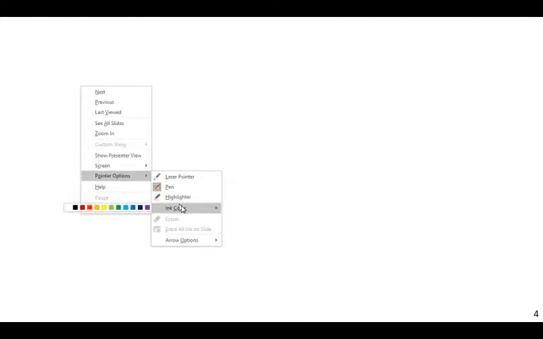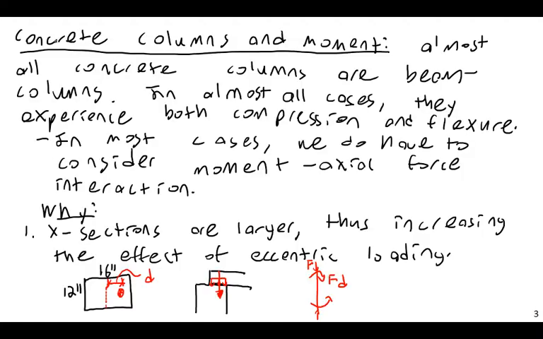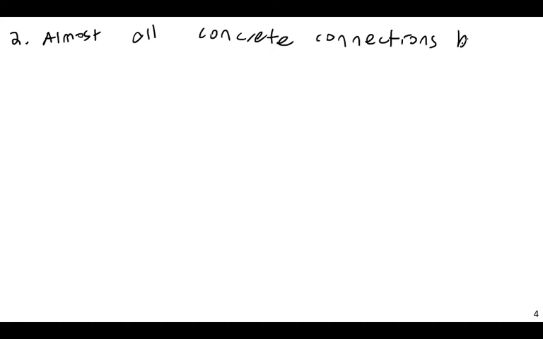The other reason why is because of the concept of development length. Two, so again, we're looking at reasons why concrete columns almost always have moment. Almost all concrete connections by their nature do transmit some moment.